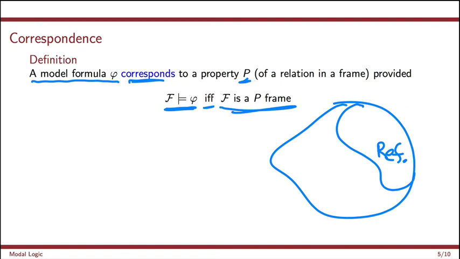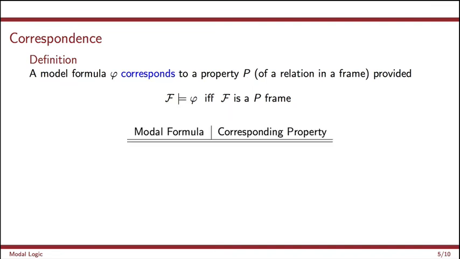And it turns out that if we look at the class of frames in which a particular formula is valid, in this case, box phi implies phi, we'll see that in a second. So if we look at the class of frames in which box phi implies phi is valid, that defines the exact same class. That's what it means to say box phi implies phi corresponds to the reflexivity property.